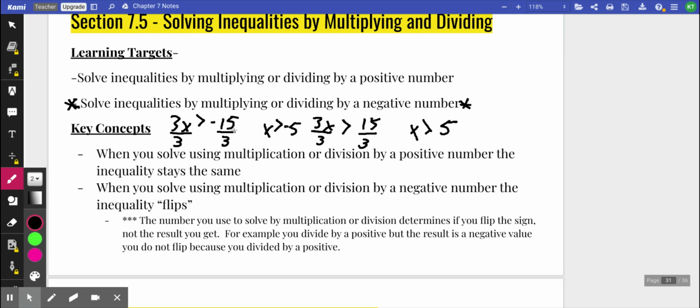So my result ended up being a negative because I divided a negative by a positive. However, notice I divided by this positive 3, so that's why my sign stays the same. So it doesn't matter the result, it matters what you use when solving, what you multiply or divide by.